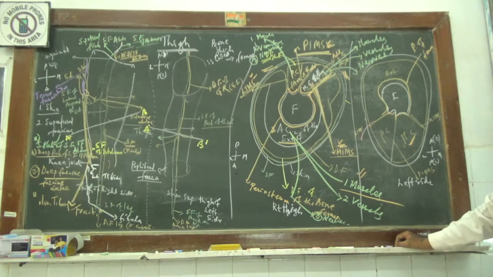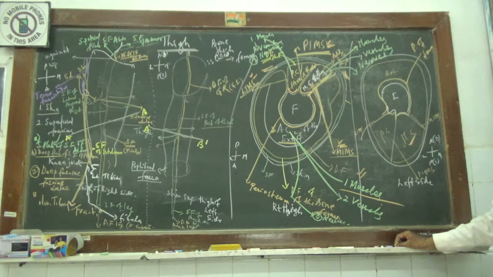Now here we have finished the skin of the thigh and how it runs. Superficial fascia of the thigh, how it runs, from where it comes, from above. And the deep fascia of the thigh, where it comes from above.